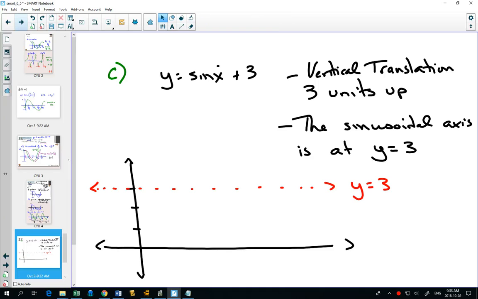But if we label our average, our sinusoidal axis, at y equals 3, what is our amplitude in this one? 1. So that means your amplitude is the distance from your center line to a maximum. That means if our center line or our sinusoidal axis is at 3 and we go up 1, our maximum will be 4. And if we go down 1 from our center line, our minimum will be 2.